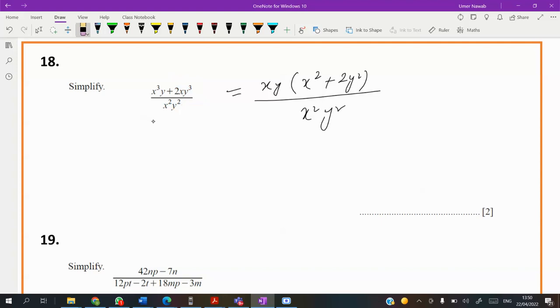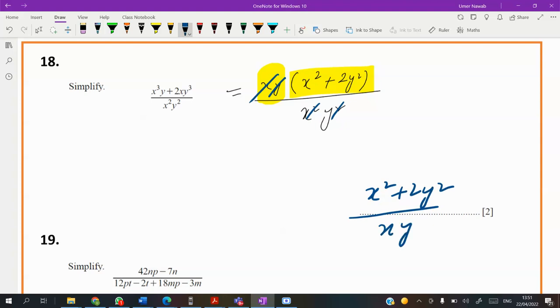So it's not allowed in algebra. However, if now you write it outside, it is a single term when xy is multiplying with the bracket. So with a single term, this y can be cancelled with this one, and x can be cancelled with this one. So I'm left with x squared plus 2y squared over xy.